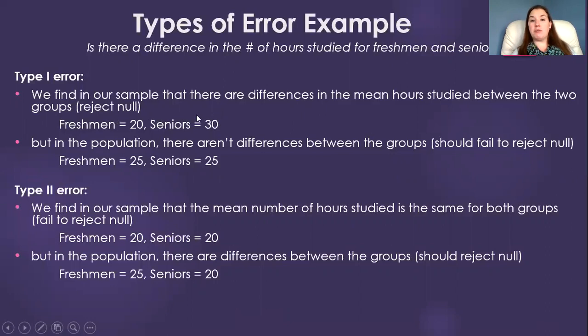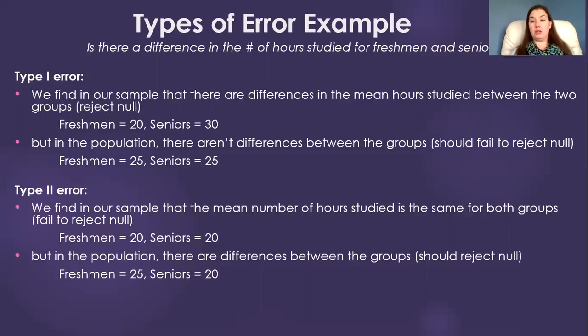We find in our sample that there are differences in the mean hours studied between the two groups. And because there are differences, we reject our null hypothesis, right? Something like this would give us a p-value that's less than 0.05, something like p equals 0.03. And we conclude that we should be rejecting our null hypothesis because there's a difference between groups.